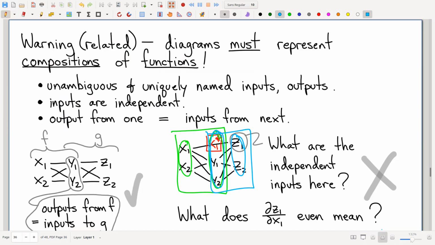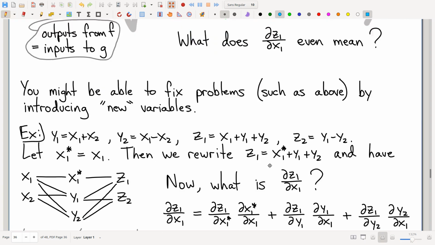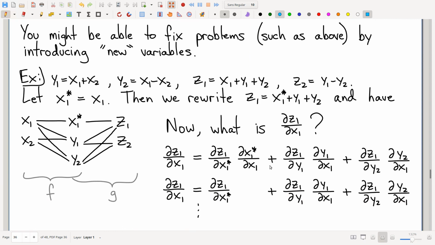And so that is what we're going to do down here in this example. We have fixed the problem by inserting that new variable. Here it is, x1 star. It is just x1 in terms of how to compute it. Now, one other rewrite I have to do as a result: the whole point of this was so that I could reinterpret z1 now without having a variable problem.